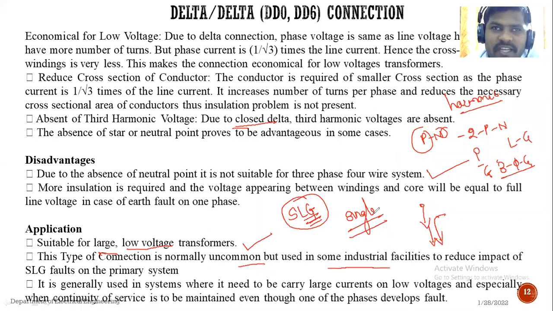Whether it is a reduced load or somewhat less load, supply continuity is there. So these are some of the applications of these delta delta six and delta delta zero connections. These are the advantages, disadvantages, applications, connection and how to draw the phasor diagram. I have already told you.